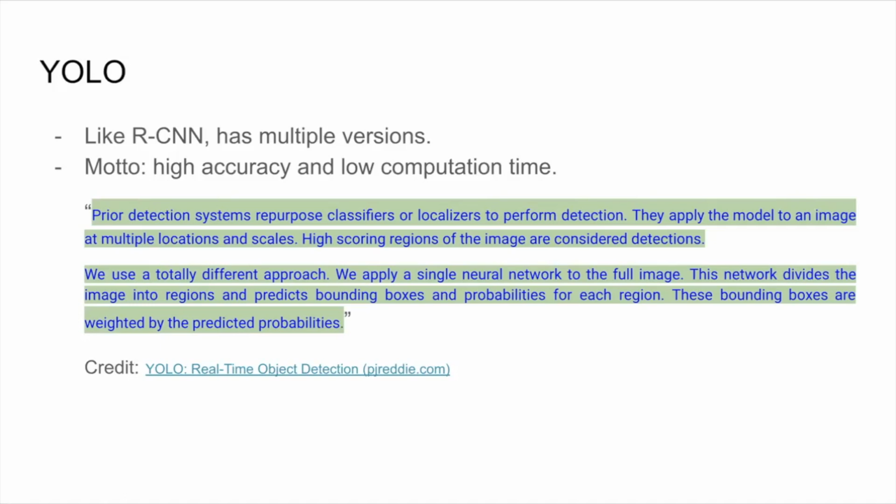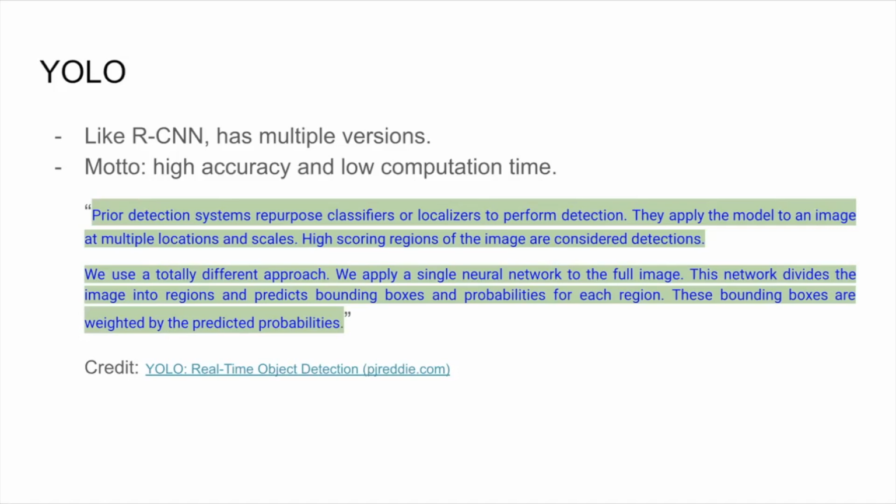They apply the model to an image at multiple locations and scales. High scoring regions of the image are considered detections. So if a region has a high score, you say, okay, this is a candidate region, let's give it a chance and see if there's an object in it or not.